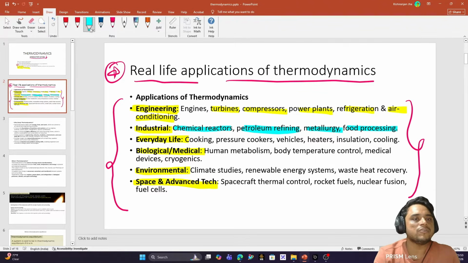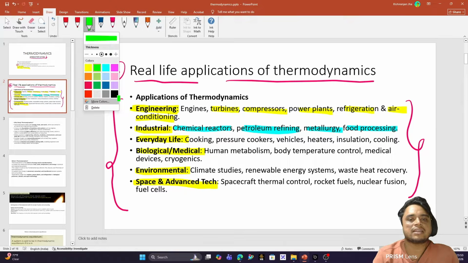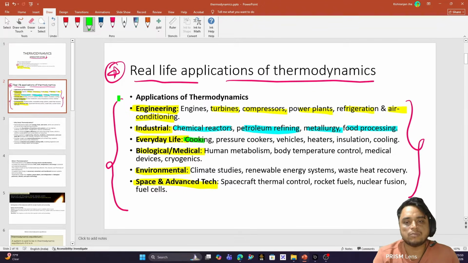In everyday life, right from cooking to pressure cookers, I hope everyone knows what a pressure cooker is, to vehicles, heaters, insulation devices, and cooling, everywhere we find a use of thermodynamics. Even biological and medical applications are not away from thermodynamics.